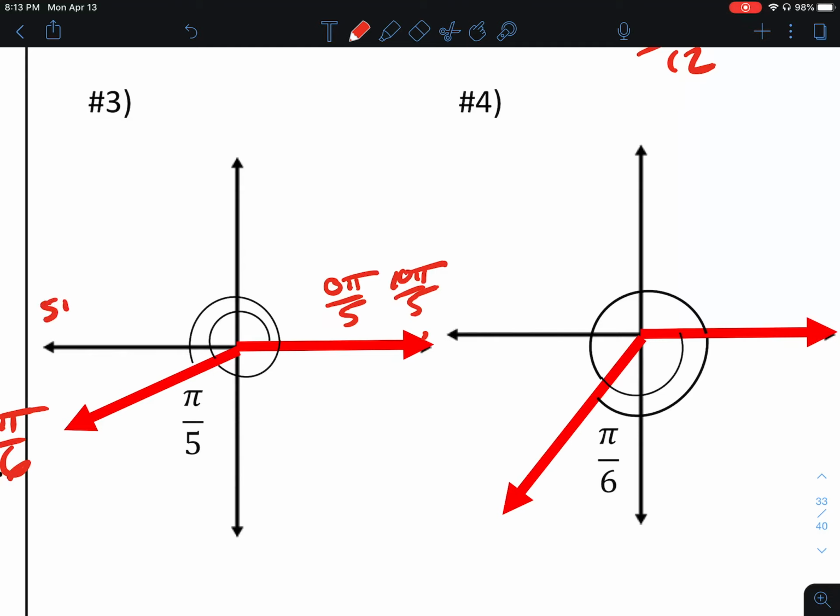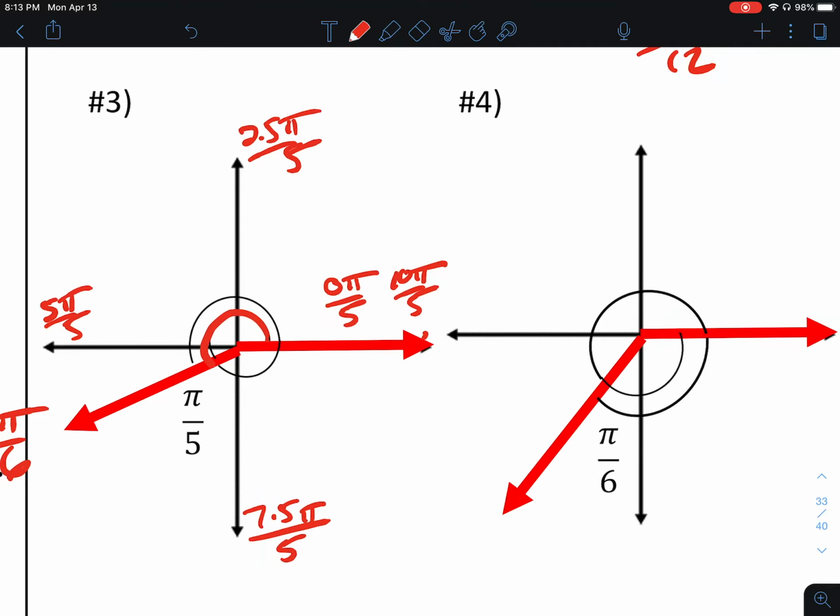Halfway around is 5 pi over 5. Halfway between 0 and 5 is 2.5. So our numerator goes from 0 to 2.5 to 5. We're adding 2.5 each time. So the negative y-axis is 7.5 pi over 5. And then add 2.5 more, we get back to the beginning.